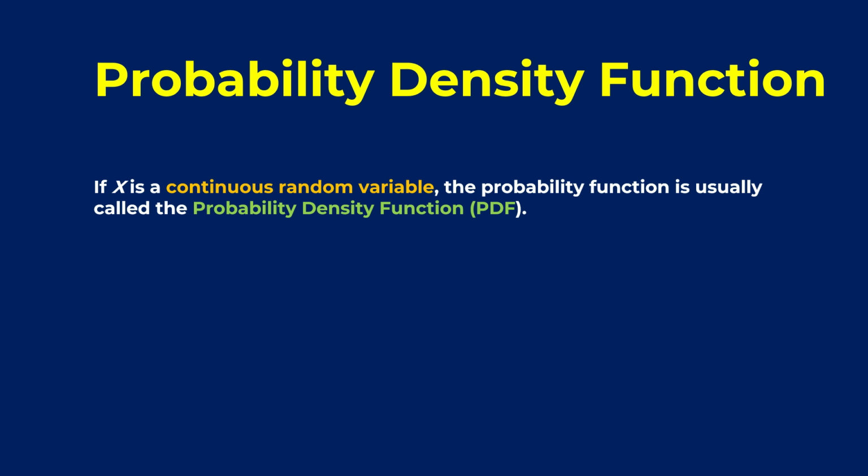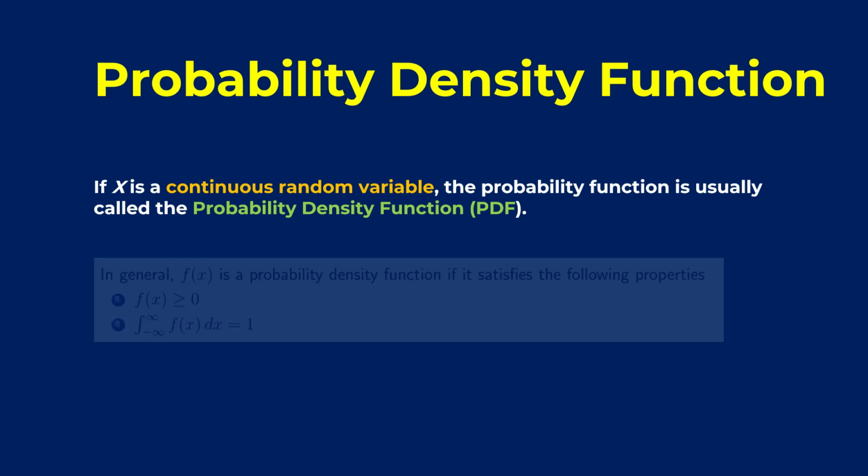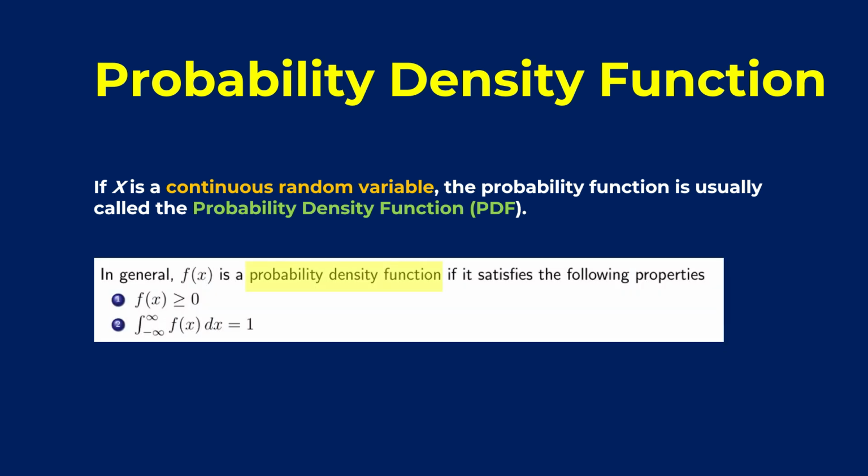In general, a probability density function satisfies two properties. Number one is the same as before, that is, the probability density function is non-negative for any value of x in the sample space. It will be zero otherwise. Number two, the area under the curve is equal to 1.